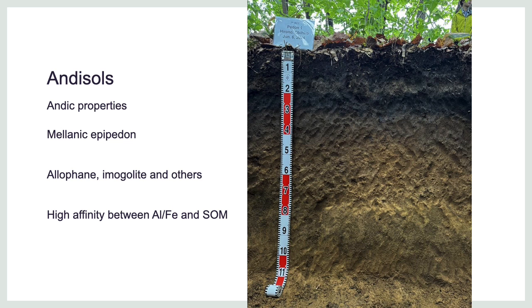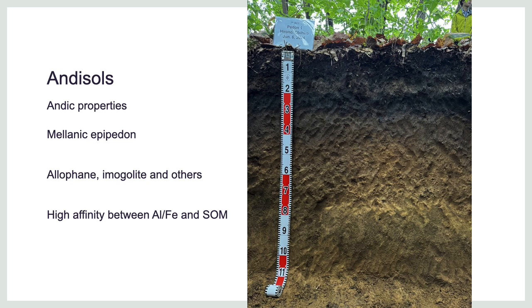And so we are talking about a lot of these andic properties, and these andic properties now pop up as the Andisols, the soils which register andic properties, the soils that are directly connected to recent volcanic activity. And the Andisols present andic properties, and they present the melanic pattern.